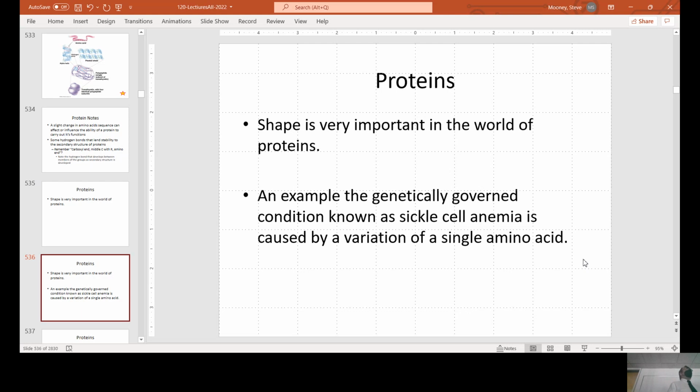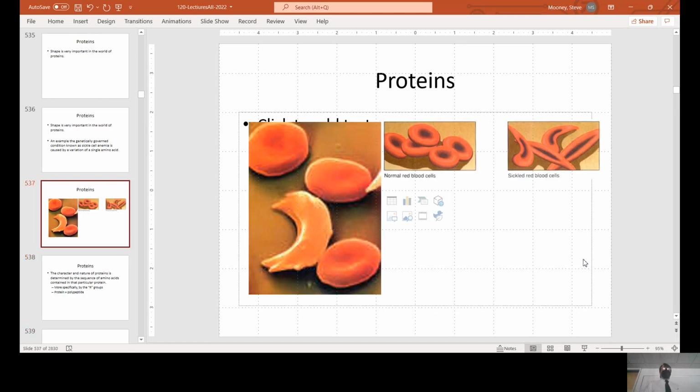We take out one amino acid and we put in a different one. Point mutation. That change in one amino acid affects how that protein folds up, and it affects how it can do its job, or what we might see morphologically.